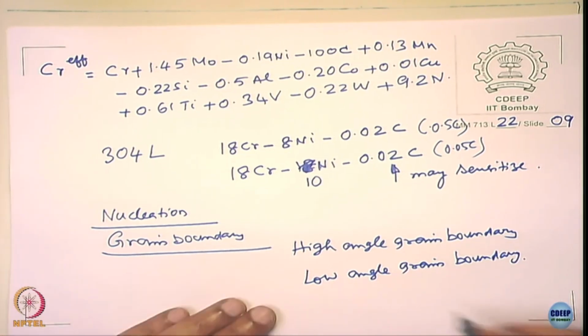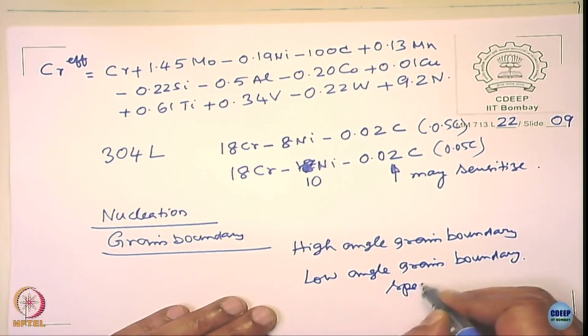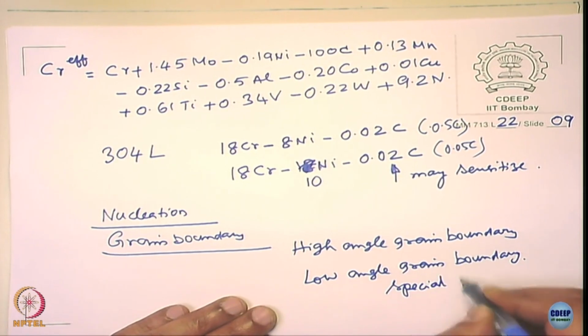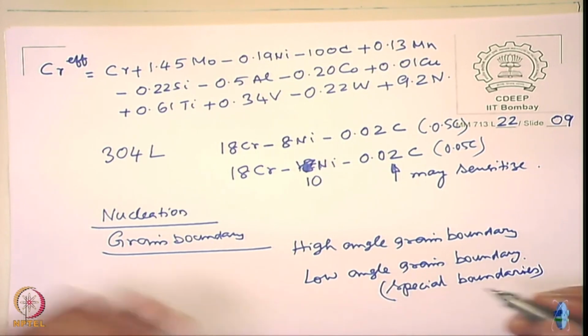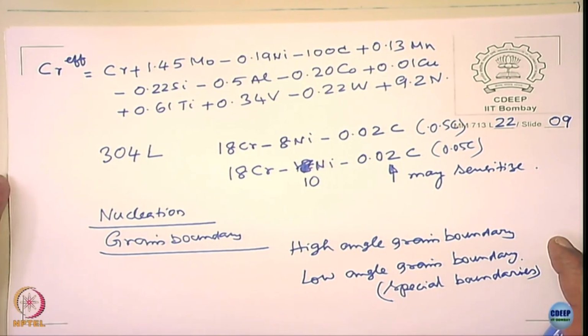This is also called special boundaries sometimes. They call them special boundaries, sigma boundaries, in metallurgical terms.